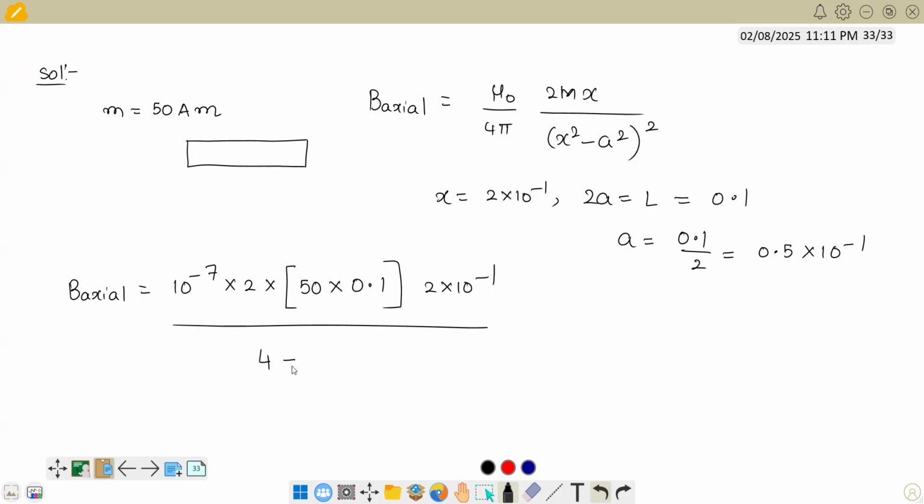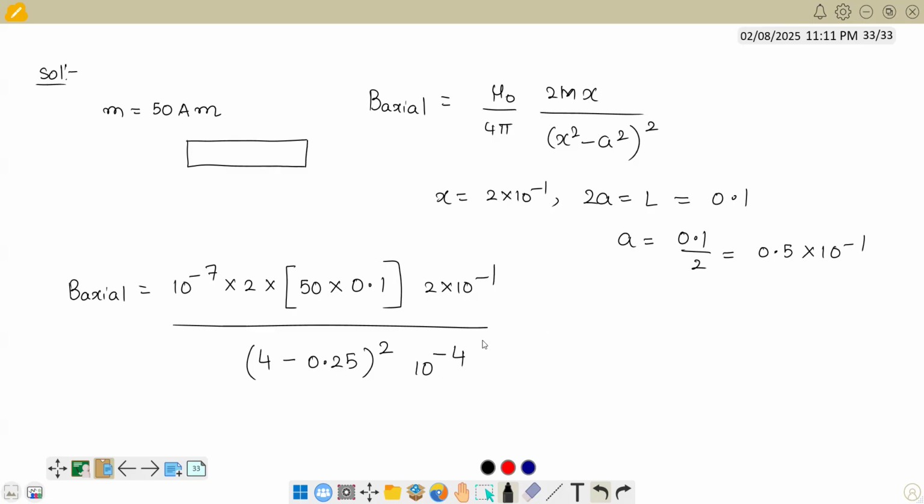So 4 minus a square is 0.25. We already have 10 power minus 1 whole square, and if I bring that outside, you will get 10 power minus 4. So this is the final thing you will get.